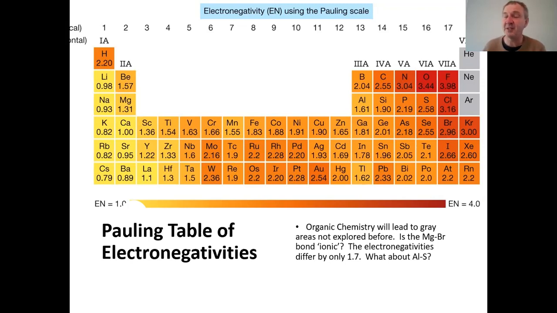But anyway, this is not a table you would ever have to memorize. And in fact, we'll largely be concerned with about 5 or 6 elements in it. Organic chemistry, especially first semester organic chemistry, is really about 4 elements. So I don't think it's a terrible idea that carbon is 2.5 and oxygen is 3.5. Nitrogen is 3.0. That's pretty easy to remember. 2.5, 3, 3.5.